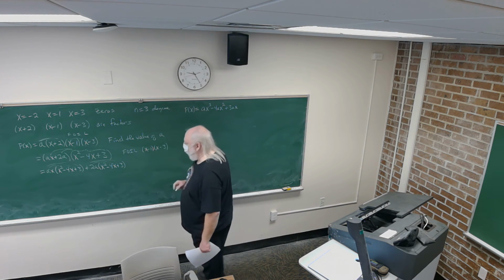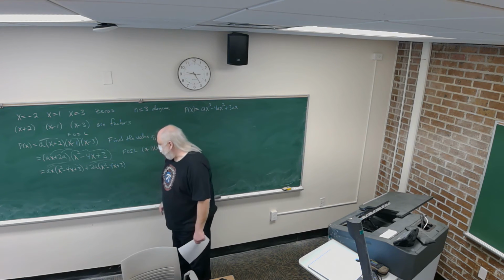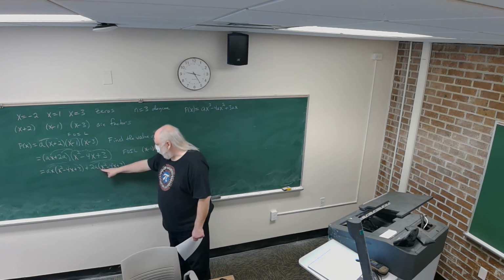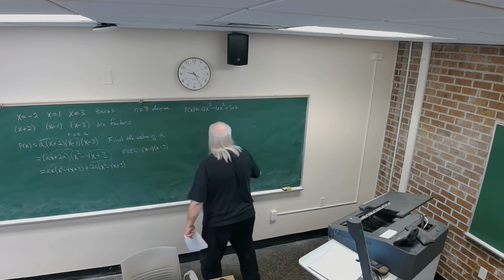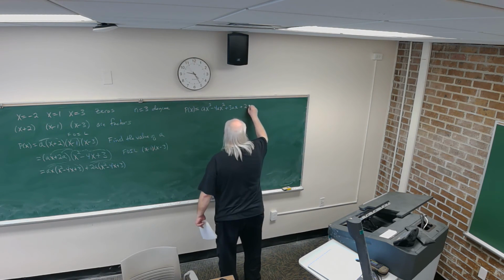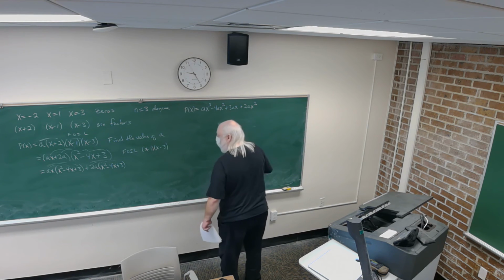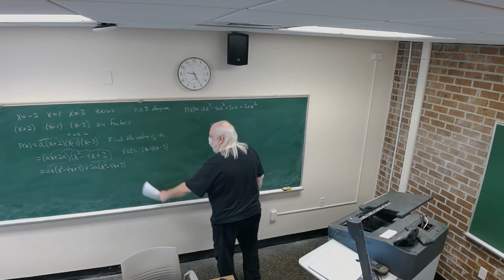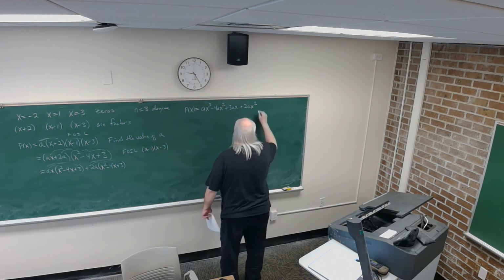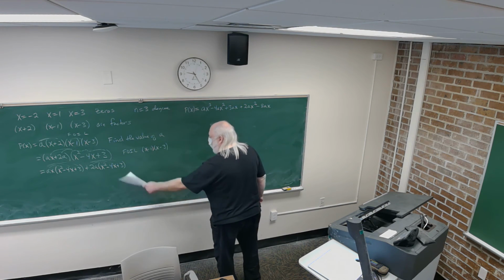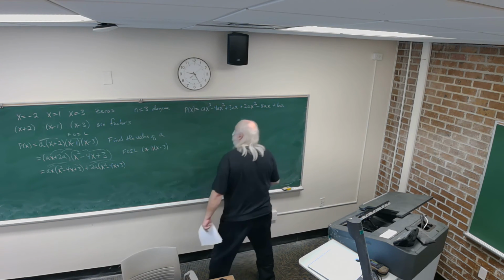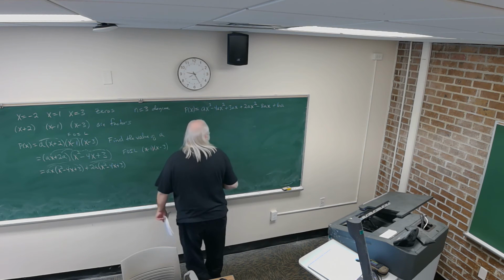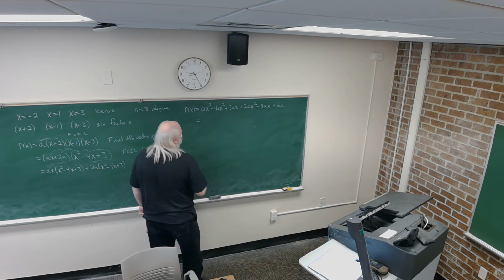So that's distributing ax inside parentheses here. And now I've got to distribute 2a inside parentheses here. I have 2ax squared. And then 2a times minus 4x is minus 8ax. And then 2a times 3 is 6a. Now you've got to combine like terms.